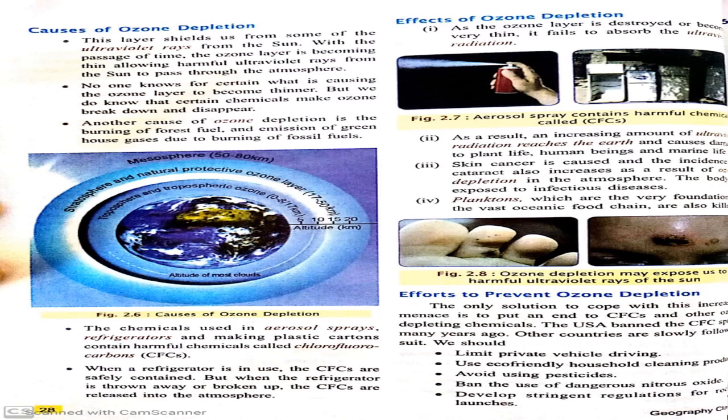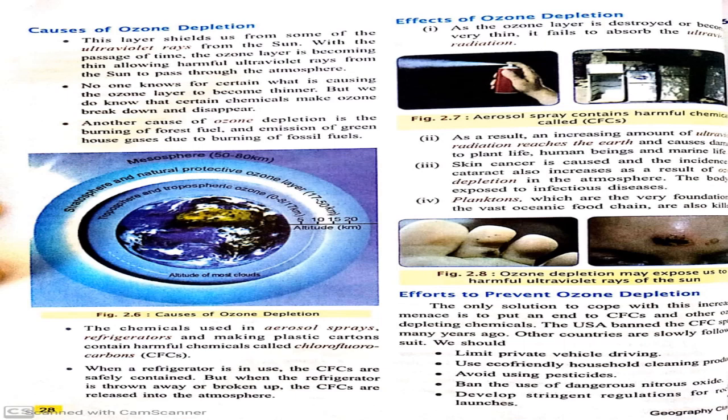We have already seen that the ozone layer protects us from the ultraviolet rays that come from the sun, and if the ozone layer is destroyed, it will fail to absorb the ultraviolet radiation. As a result, an increasing amount of ultraviolet radiation reaches the earth and causes damage to plant life, human beings, and marine life.